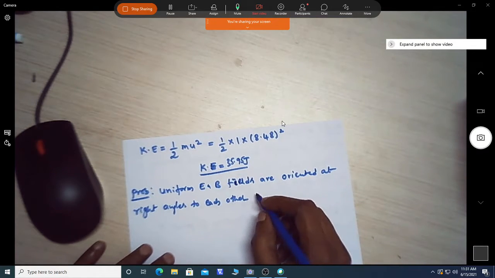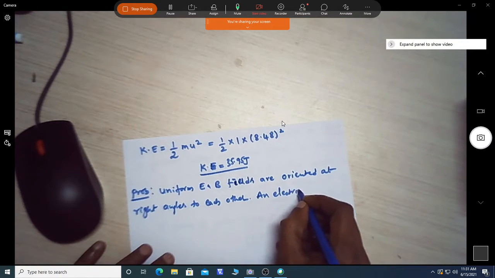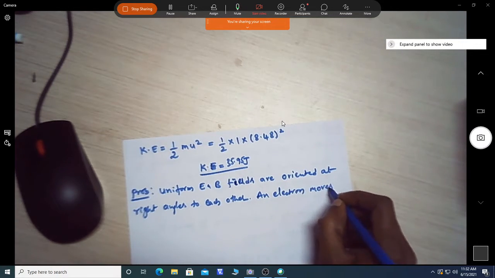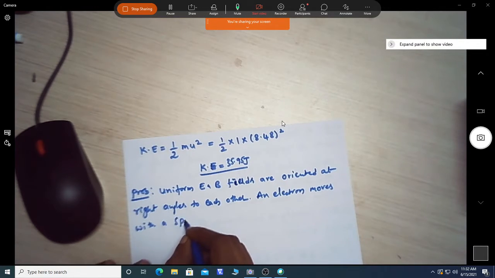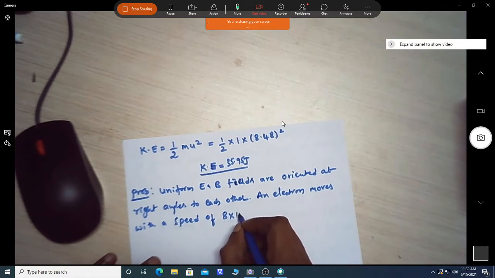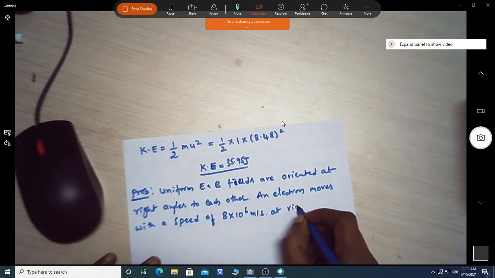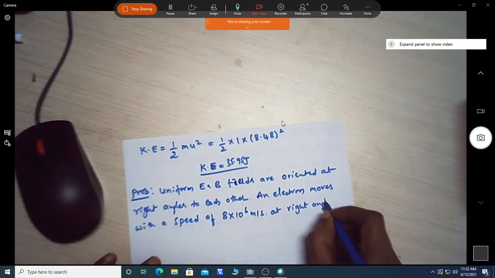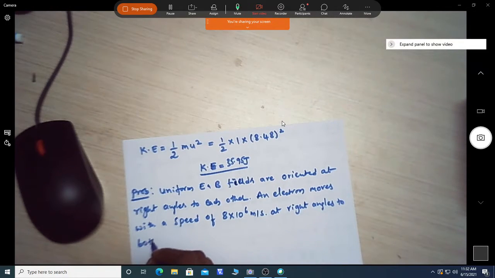Okay, so an electron moves with a speed of 8 into 10 power 6 meter per second at right angles to both E and B fields.